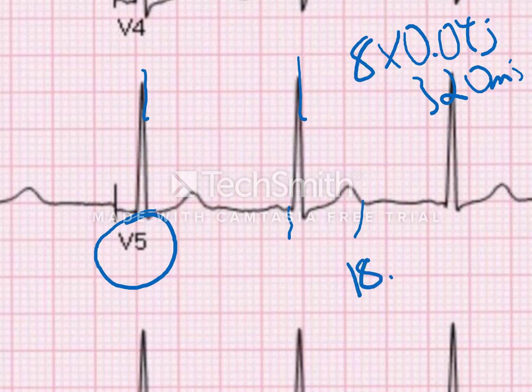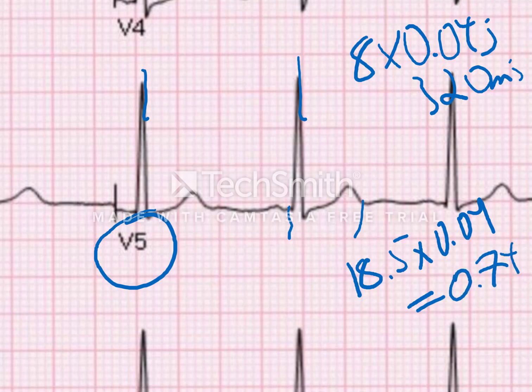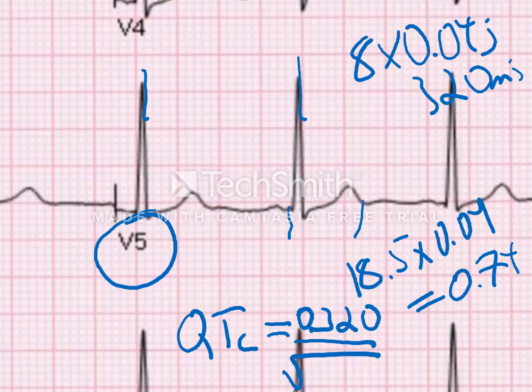So you do 18.5 times 0.04, and that equals 0.74. And so to get the QT interval corrected, you're going to do 0.320 divided by the square root of 0.74, and that is equal to 0.372 seconds, or 372 milliseconds.